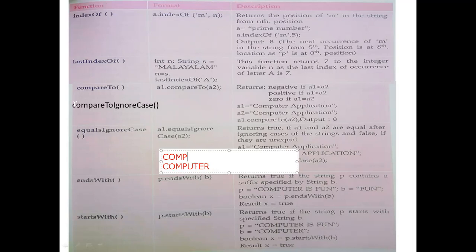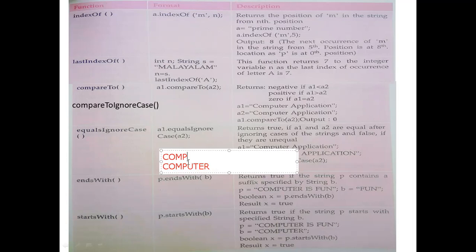And recently they introduced one more function, that is compareToIgnoreCase. Compare the two strings, but ignoring the cases. If 32 differences between the upper to lower case, you treat the same. Then also you give 0 as the output. Yes, sir.